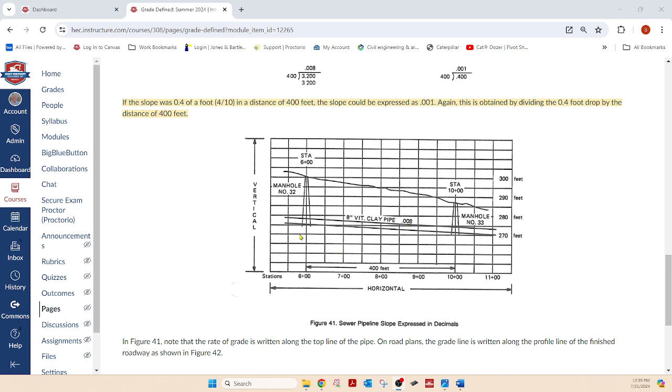The most important thing when it comes to laying this pipe in at this fall of 0.008, or 0.8%, is the bottom inside of the pipe, because that is the flow line. It's called the invert. It is the bottom inside of the pipe.